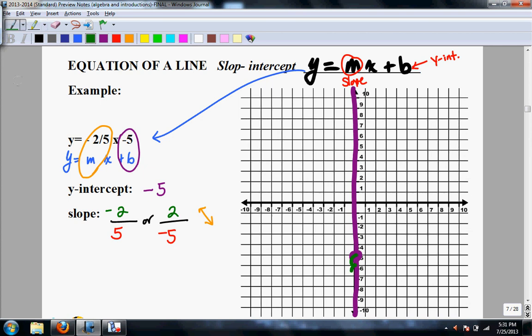We drop 2, and we go over 5 to the right. That would be negative 2 over positive 5. Now the other one, positive 2 over negative 5, would look like this. Positive 2, we go up 2. And negative 5 means we go to the left.